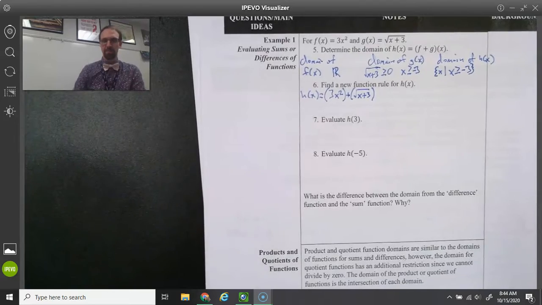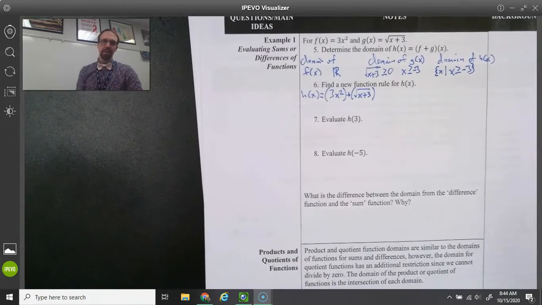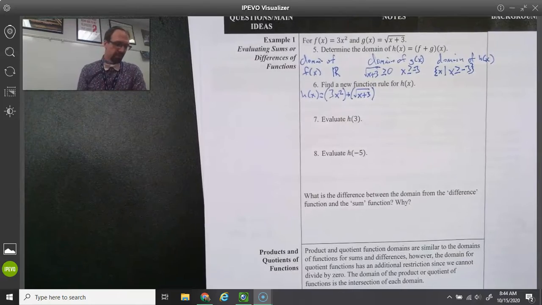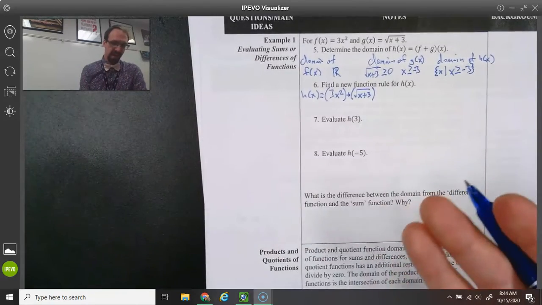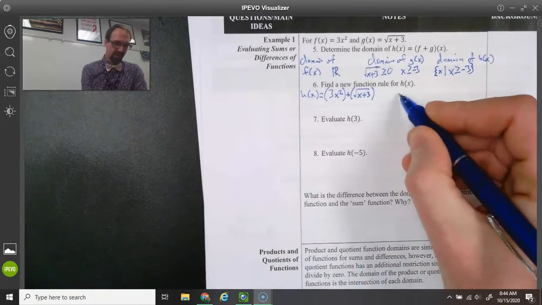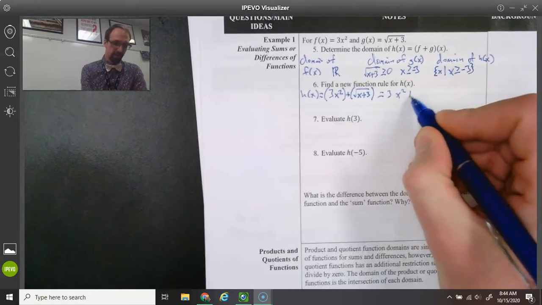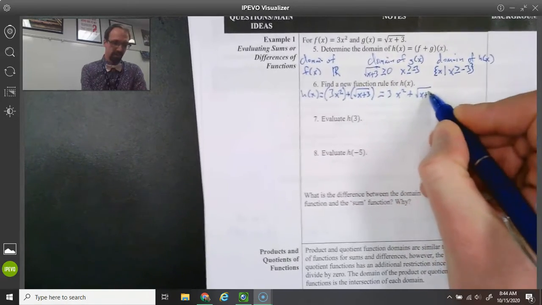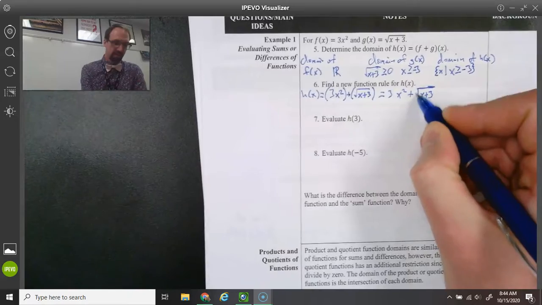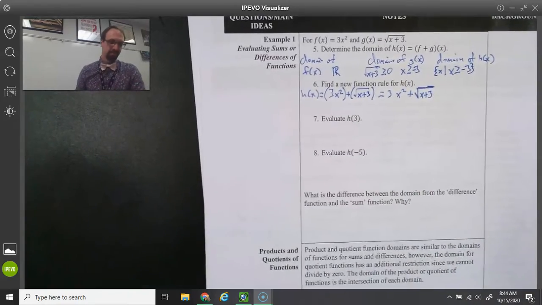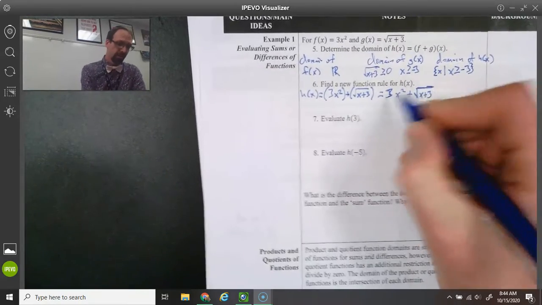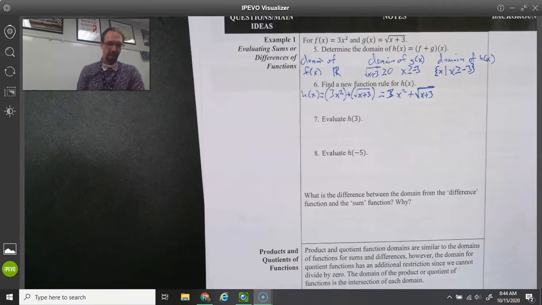In the last example in the previous video, I used brackets because we already had parentheses. For this one, we can just use parentheses. If you look at this, there's really nothing that I need to simplify or combine, so it's actually done. You can just leave it as 3x squared plus square root of x plus 3 because it's in standard form.